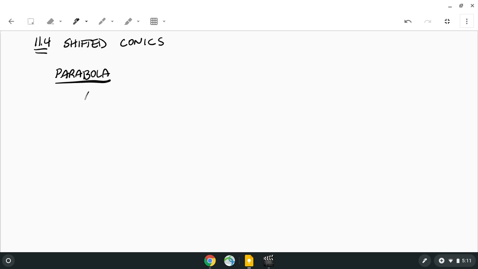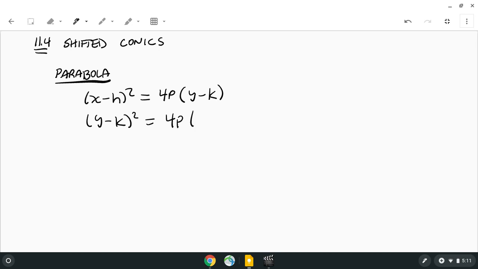Now you might have your equation look like this instead. We didn't have this h and k business before. Whether you have this one or the sideways parabola, the shifts are still going to be the same.